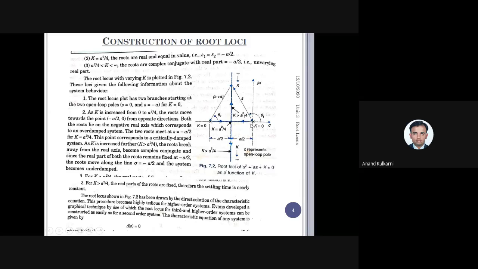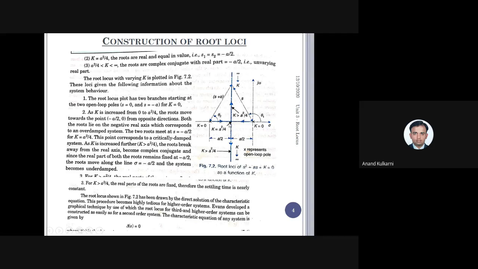As the value of k goes on increasing, greater than 0 but less than a by 2 whole square, these roots will move along the real axis only. This root will start moving slowly towards this point, and this root will also start moving slowly towards this point. That means the roots will be on the real axis.